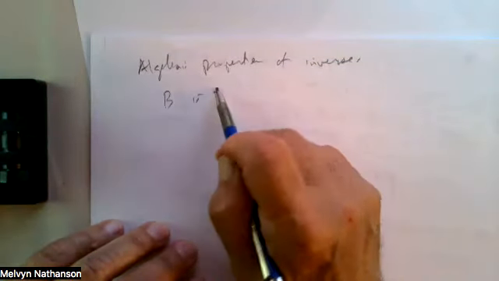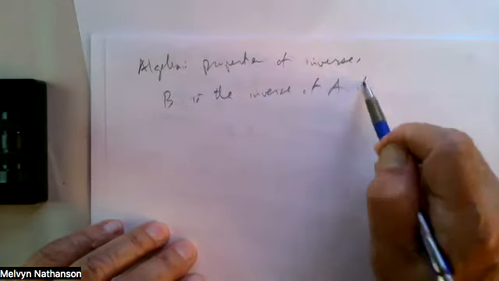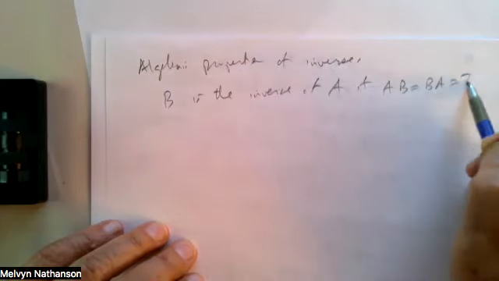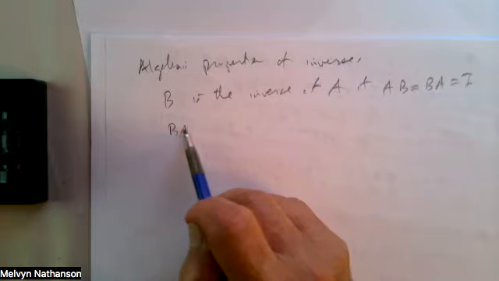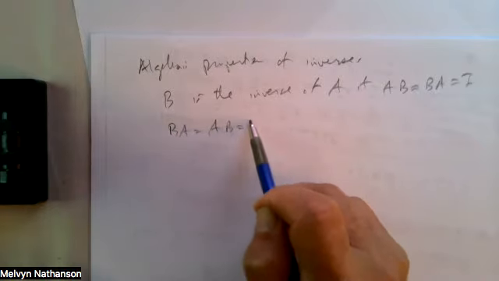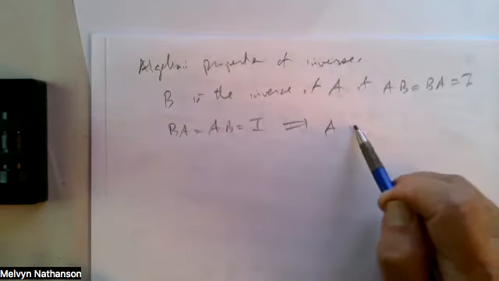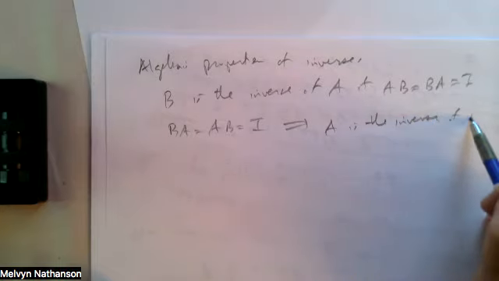B is the inverse of A if AB and BA equal the identity. But this is the same as saying that BA and AB equal the identity, which means A is also the inverse of B.